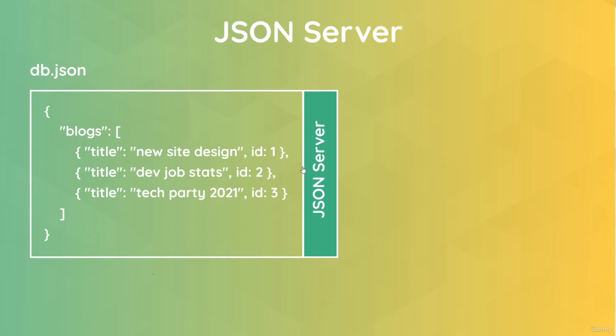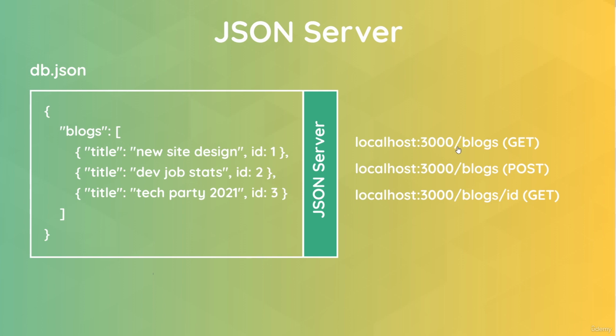So json-server basically wraps our JSON file with API endpoints, and it gives us these endpoints so we can interact with this data. In this case, it would be /blogs to get all of the data. That would be a GET request. If we wanted to add new data, we'd send a post request to /blogs. To get a single blog, we'd go to /blogs/ID.